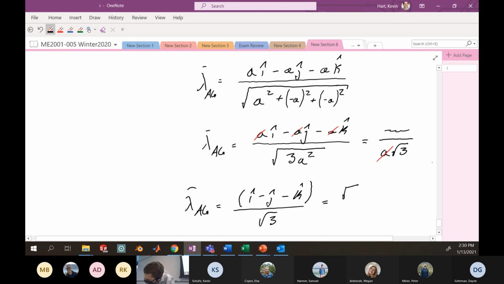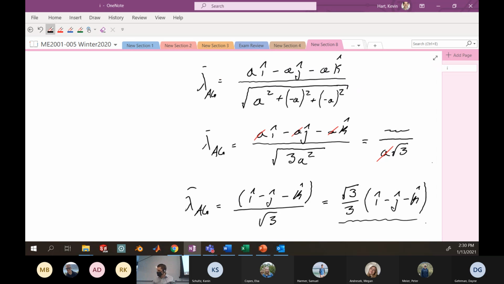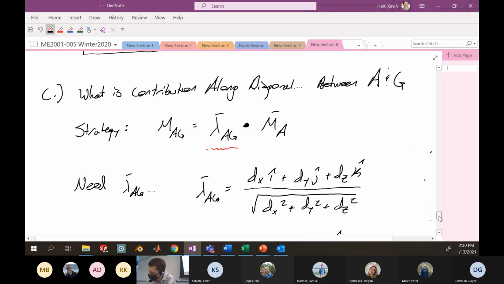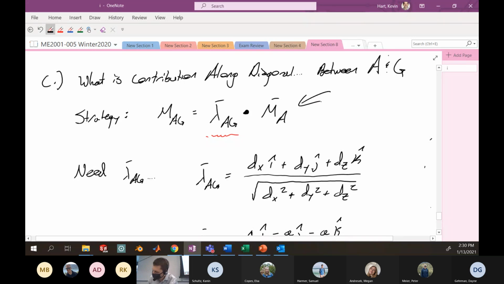So this is root 3 on 3 times I minus J minus K. And this here is a unit vector between points A and G. So we're now ready for this dot product.